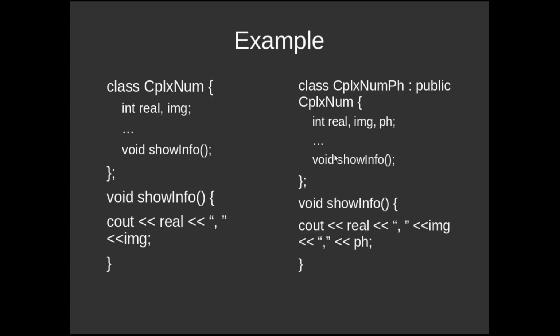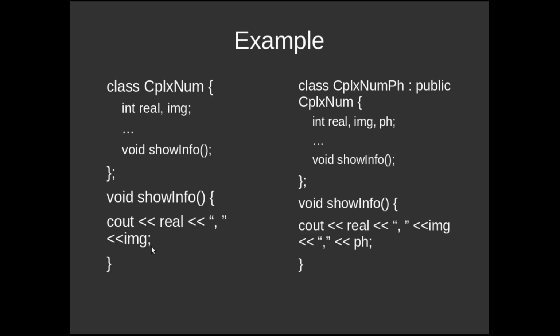Also notice that this derived class also has the same function show info as the base class. However, show info is implemented differently in the cplx num ph class. As you can see here, show info prints three variables, real, imaginary, and ph, whereas in the base class, show info was implemented to just print real and imaginary and not the ph or the phase angle.